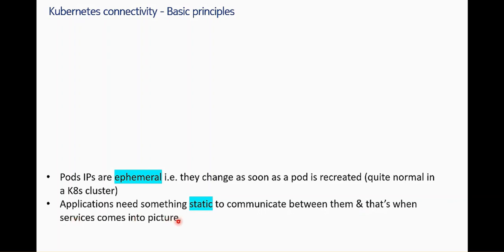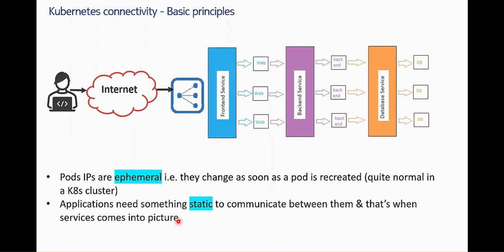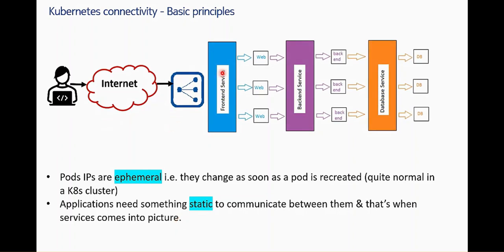So the other object that we are going to learn is Kubernetes services, and that's why this background is being given. Okay, so assume a three-layer web application wherein you have one deployment with three replicas for your web server, another deployment for your backend application with three replicas, and another deployment for, let's say, your database with three replicas.